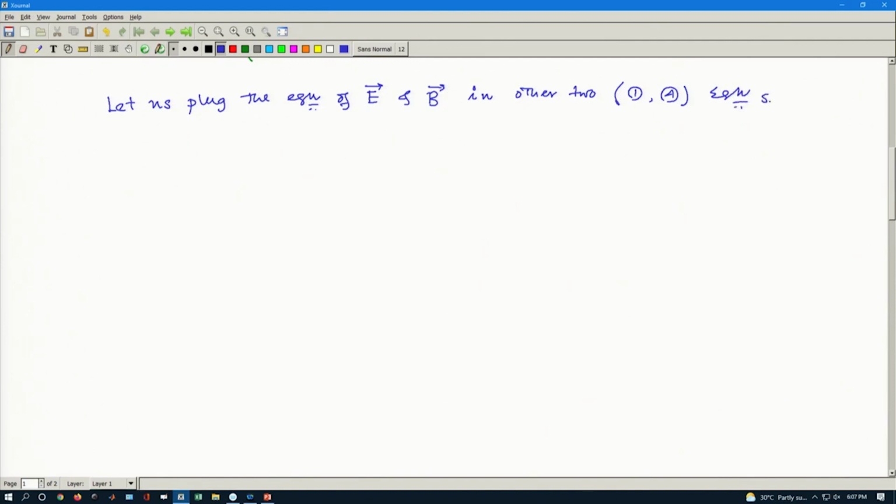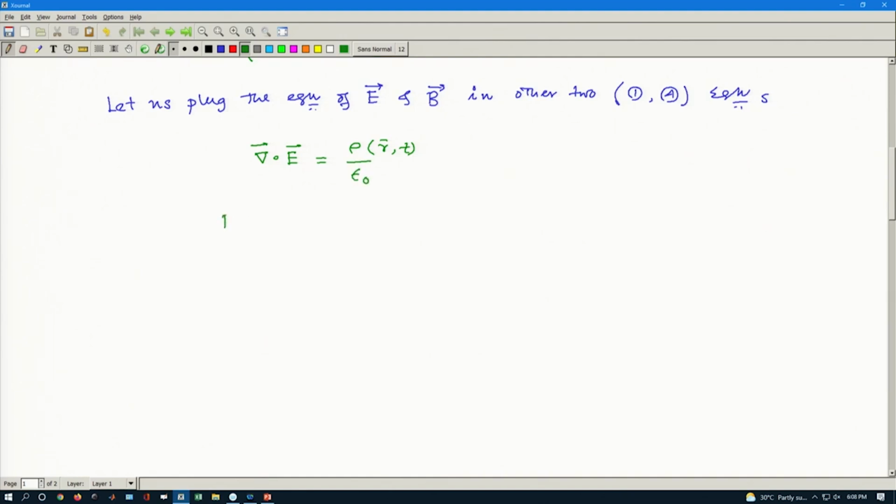They are non-homogeneous equations. So, let me first write down this first non-homogeneous equation. Divergence of E was equal to rho, a function of space and time, divided by epsilon 0.